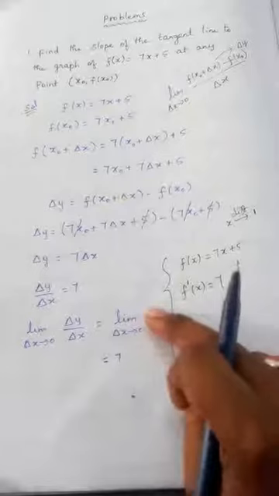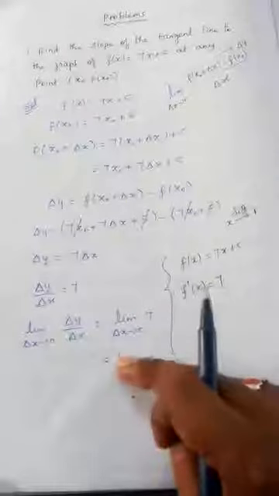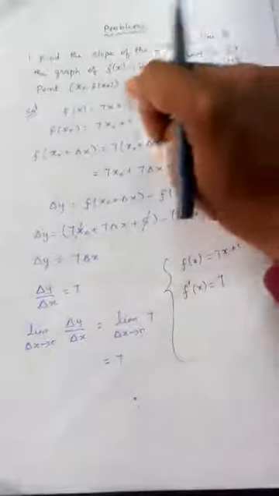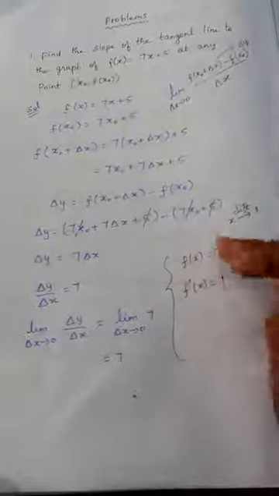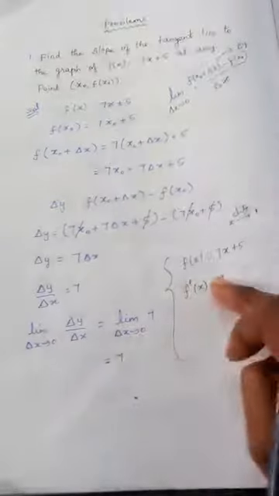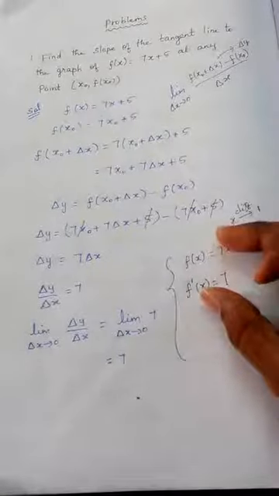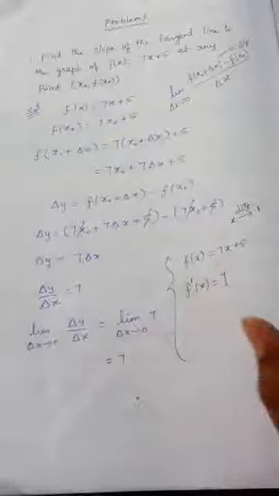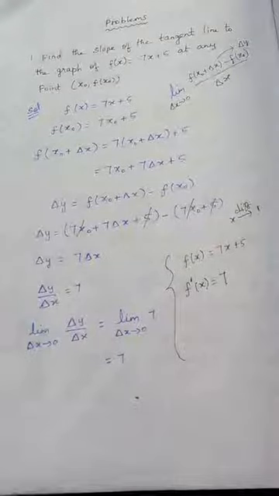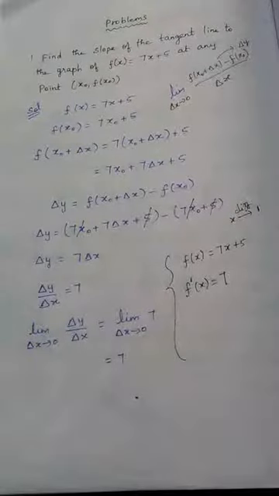Since only a number comes, that number will be the answer, which is called the slope of the tangent line for this curve, which is also called the first derivative. So simply if you differentiate this, you will get this answer. Why am I doing this? Just to tell you, the slope of the tangent line and the first derivative are one and the same. Hope now you will understand a little bit more. We'll see one more example to understand it clearly.